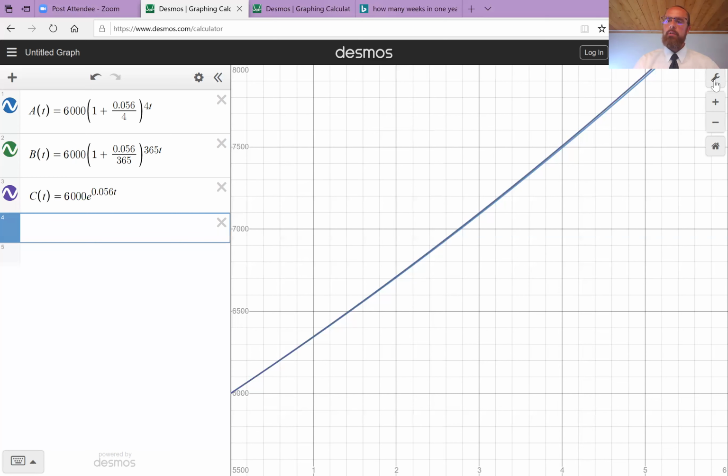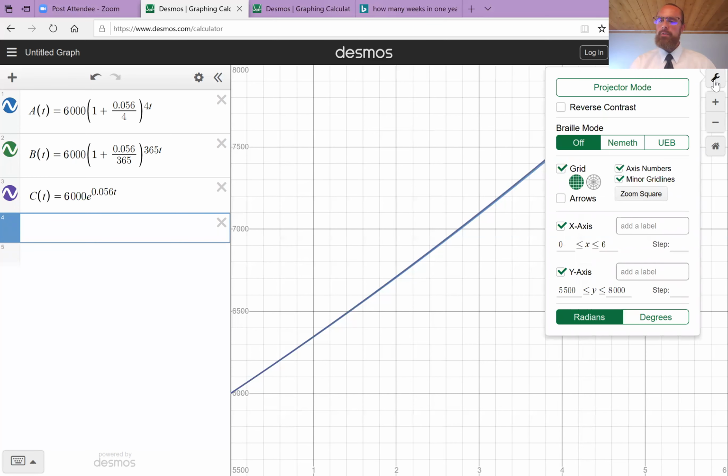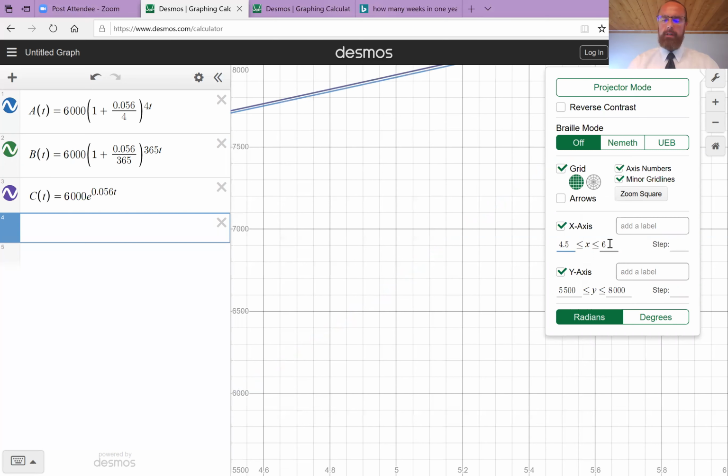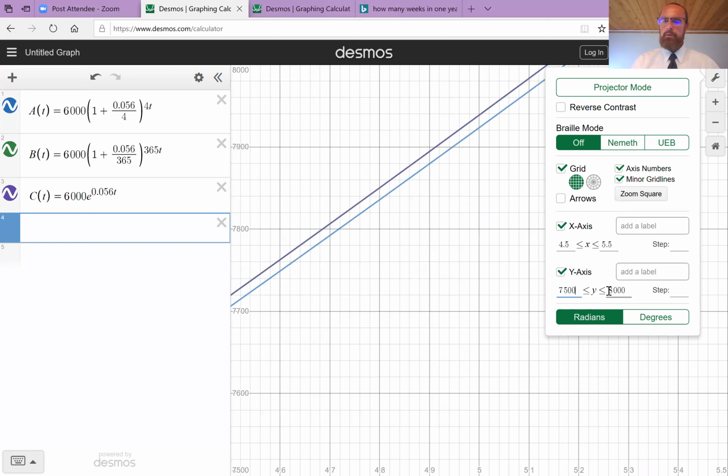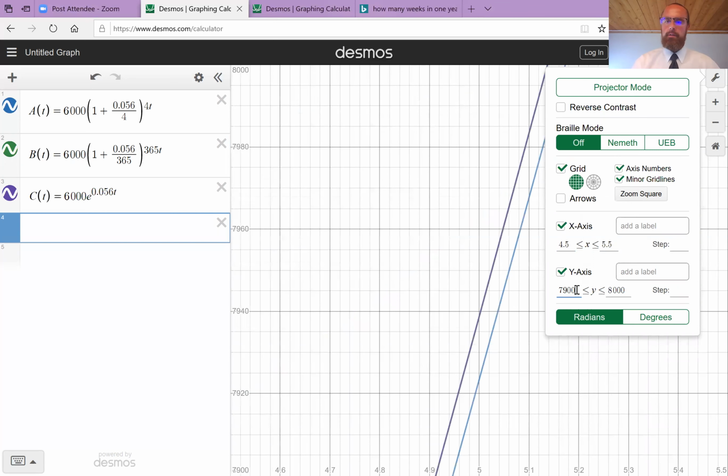So I'm just going to narrow in again on this graph, and let's look from 4.5 years to 5.5 years, and we'll really narrow in on the amount as well. So we'll go from 7,500 to, in fact, let's make that even closer: 7,900 to 7,980.